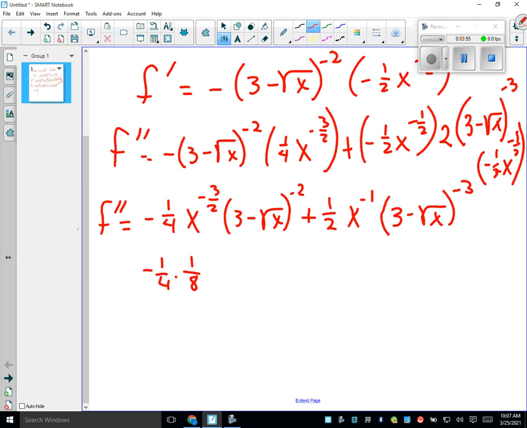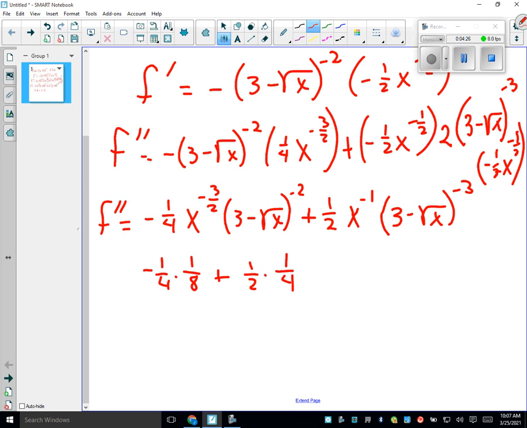Now, what about this? Isn't this just 1? Very good. I don't think it's negative 1. 3 minus 2. Plus, what is that? 1/2 times 1/4.